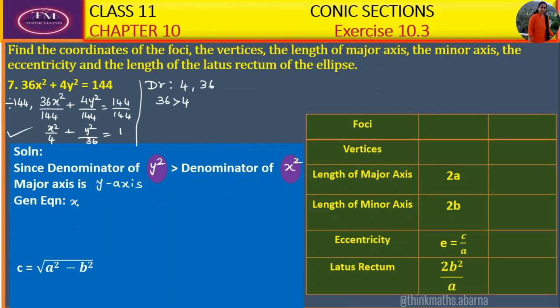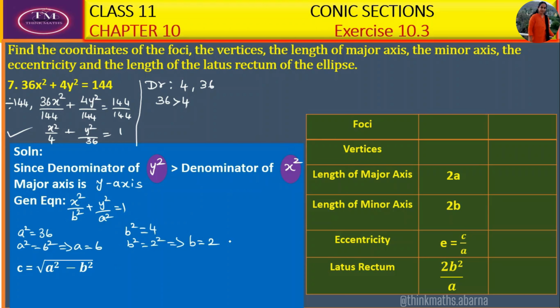So the general equation will be x square by b square plus y square by a square equal to 1. If you compare these two equations, a square is 36, so a square will be 6 square. That means a is equal to 6. And b square is the denominator of x square, so it is 4, that means b square equals 2 square. So b is equal to 2.